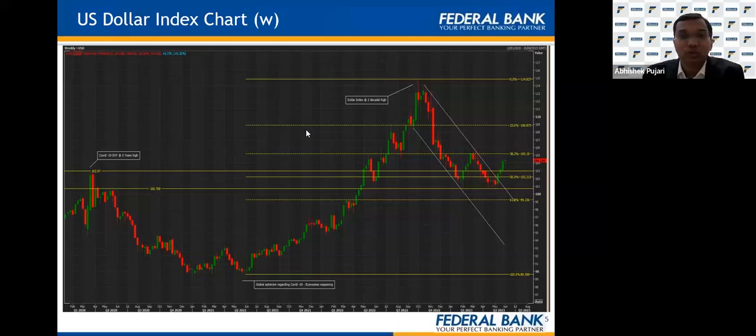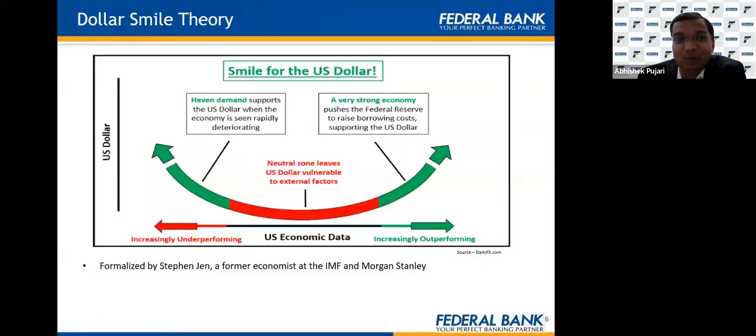So what we can see here is the theory known as the dollar smile theory. In this theory, what it suggests is, in the middle, we can see US economic data, and if the US economy is underperforming with respect to its peers, the dollar tends to appreciate because of safe haven demand.